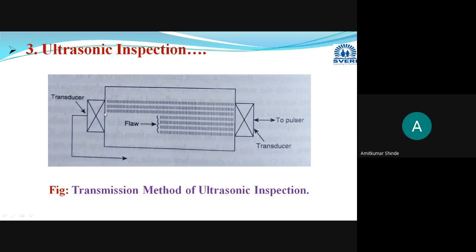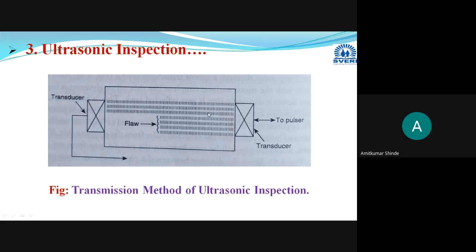At the other end, another transducer is fixed, which receives the ultrasonic waves and gives a signal that is recorded on the CRO screen. This will be the arrangement.